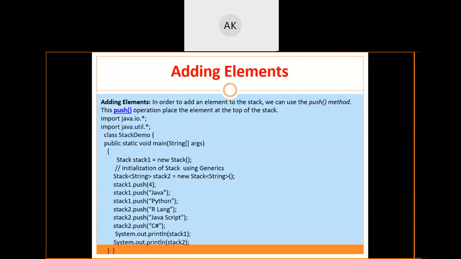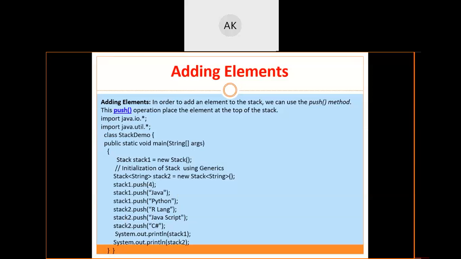So in this case, I have created two different objects. The very first object which I created is a generalized object in which I haven't specified the type of stack I want to create. Whereas in the second case, I have defined the type of the stack, a string stack, in which all the elements will be of type string.